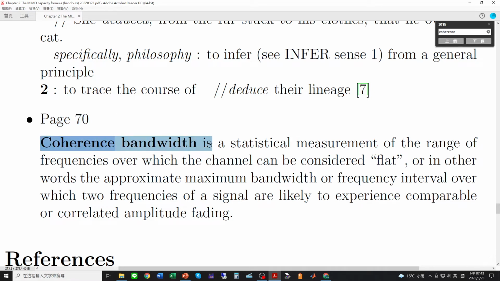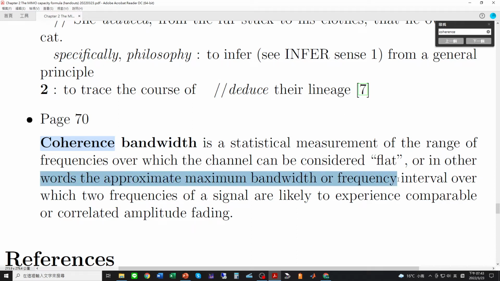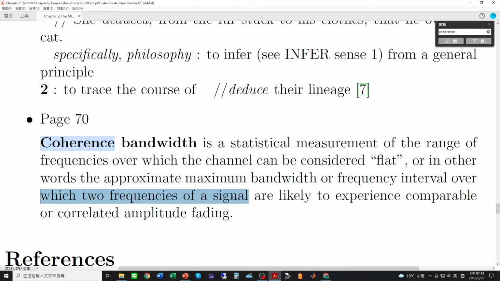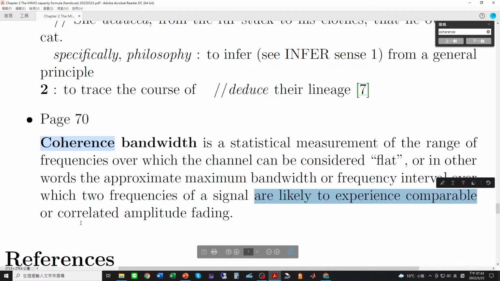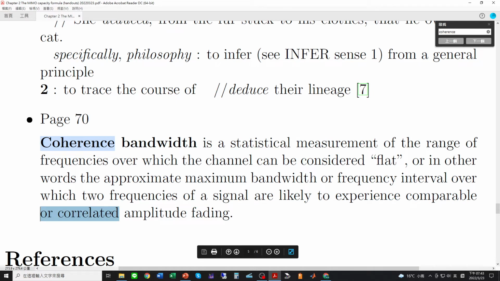Coherence bandwidth is a statistical measurement of the range of frequencies over which the channel can be considered flat. Or, in other words, the approximate maximum bandwidth or frequency interval over which two frequencies of a signal are likely to experience comparable or correlated amplitude fading.